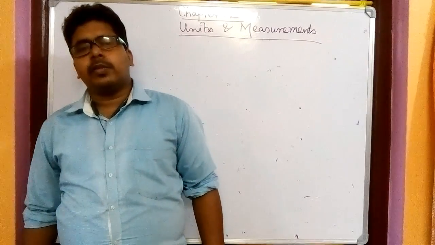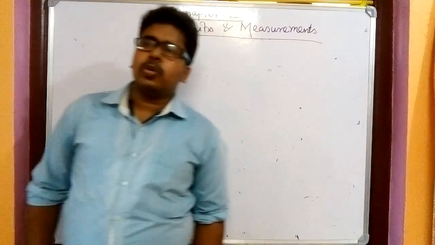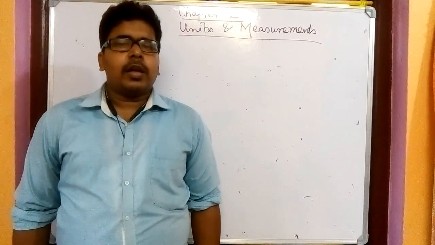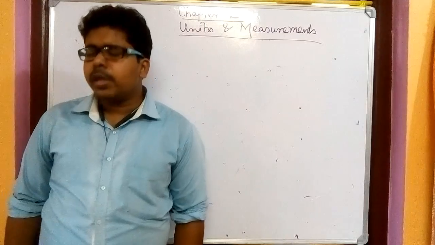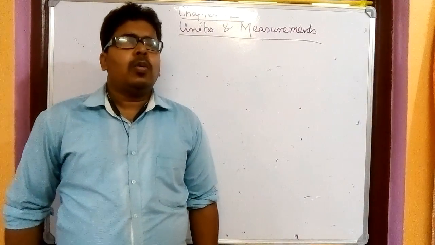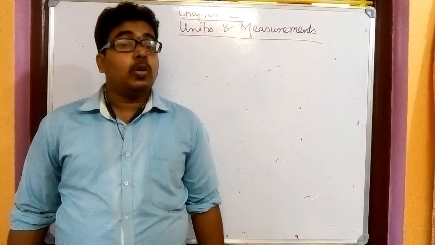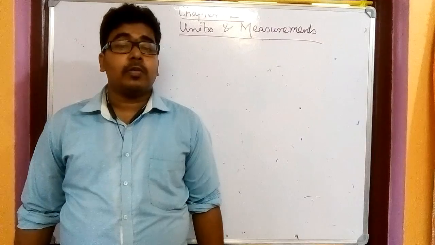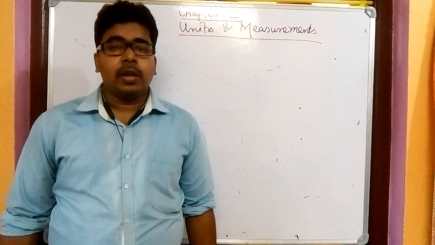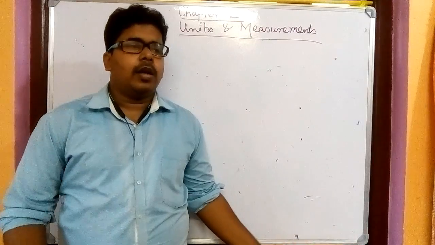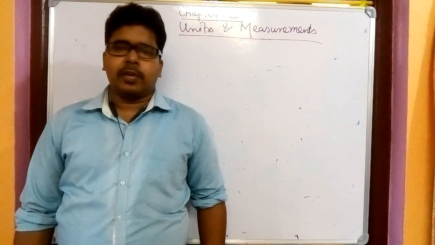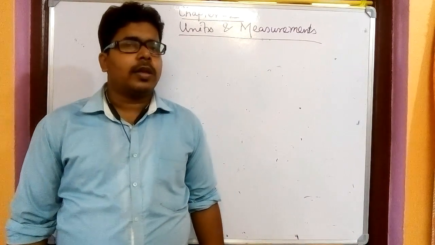My suggestion is you should go through the part definitely, but I will not discuss it. Similarly, in units and measurements also there are many parts which we cannot discuss, because no question has come from there, either in your board or general school exam or in any competitive exam. So that part we will not discuss.